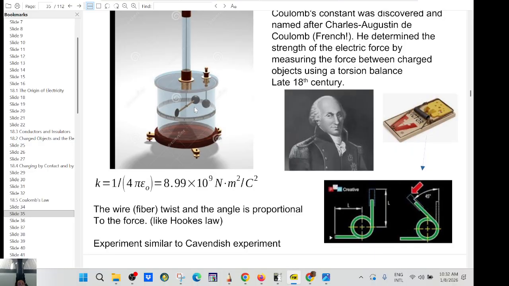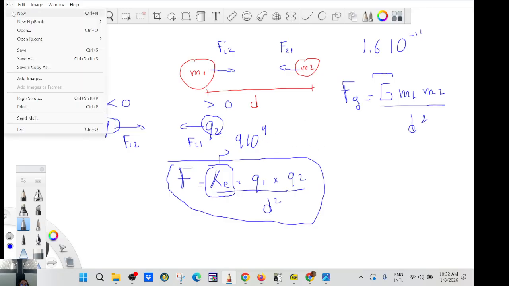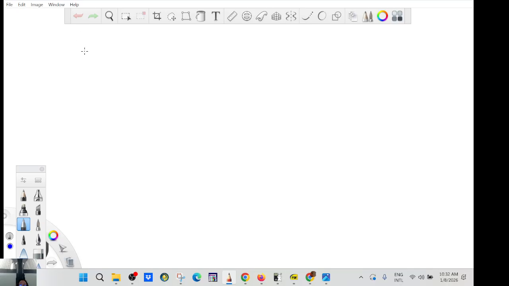So that's the constant 8.99. The constant is about 9 times 10 to the 9. And as we move forward, you're going to see that they have a different way to write it down, especially your textbook. So you can say the electric constant is 9 times 10 to the 9, and then you have some unit.